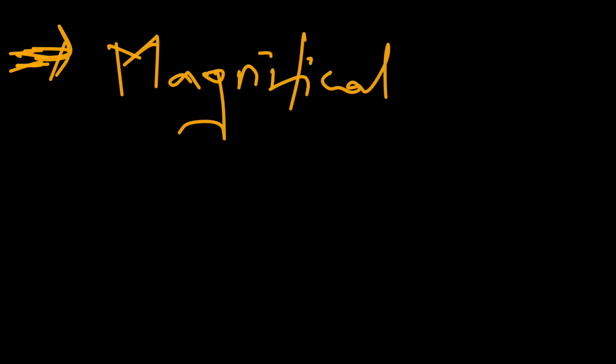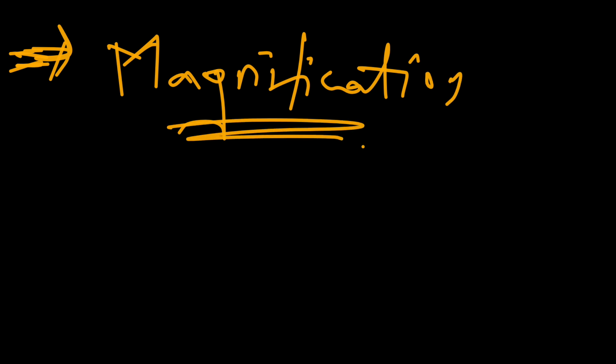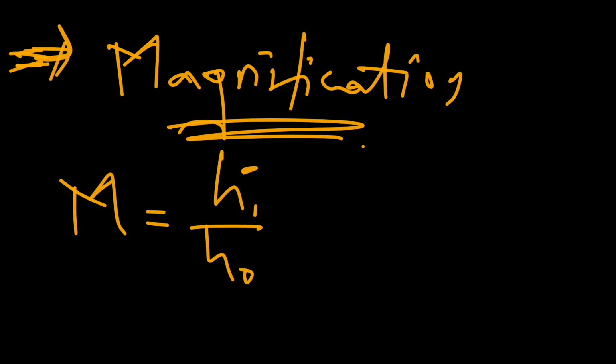So let me share one more formula, that is magnification. Magnification has two formulas. M is equal to hi by h naught. Hi means height of the image and h naught means height of the object, which is equal to minus v by u.